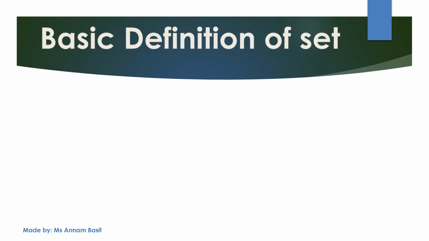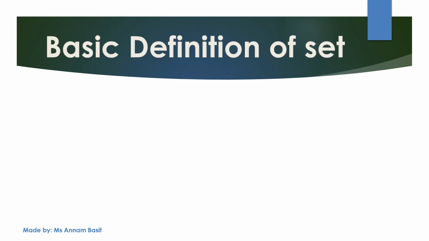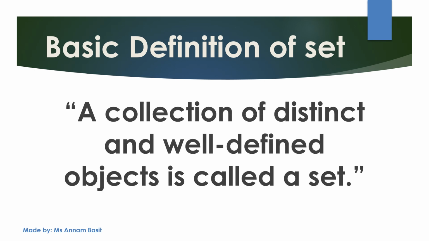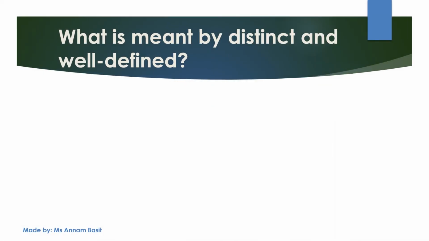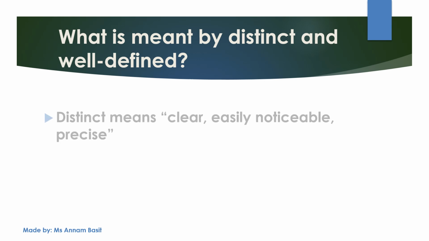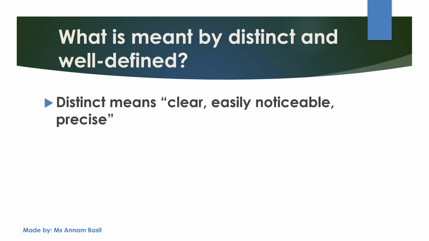So let's talk about a formal or basic definition of a set. In maths, a collection of distinct and well-defined objects is called a set. Now you must be thinking, what do distinct and well-defined mean? In the English language, distinct means clear, or something that is easily noticeable or very precise.